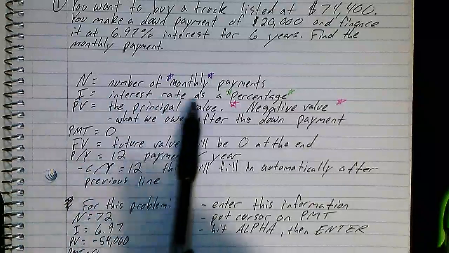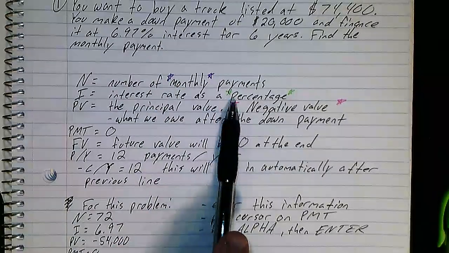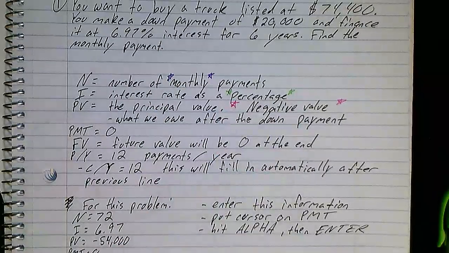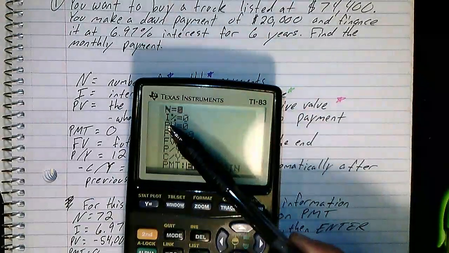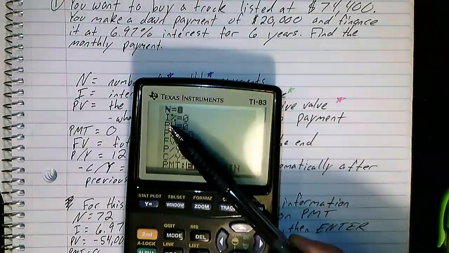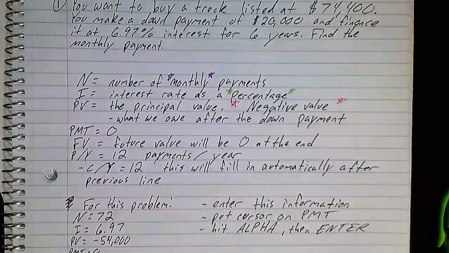I is the interest rate as a percentage. And so percentage, put a star there because we don't need to move that decimal. And you'll notice that it has that percent right there, so it's telling you that we give the percentage, not the decimal.